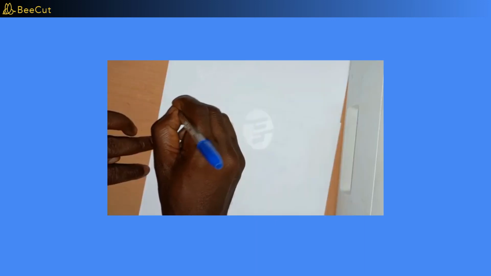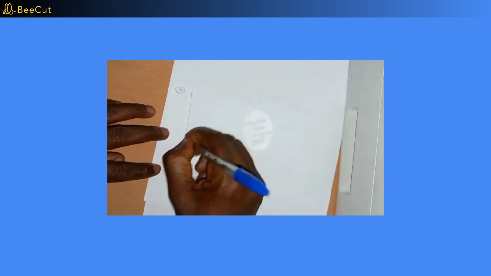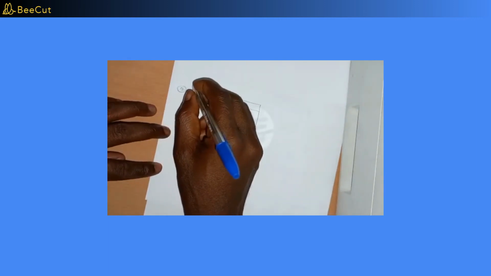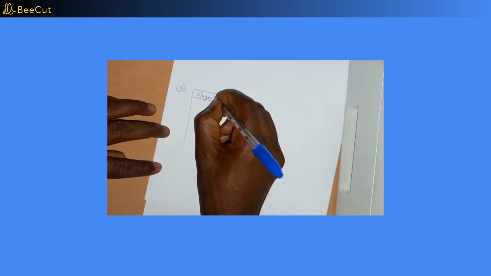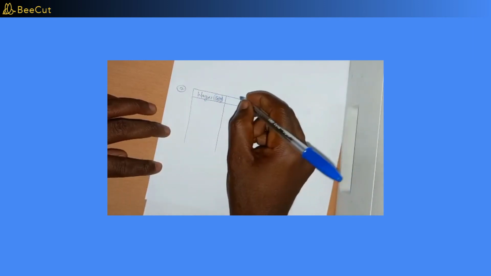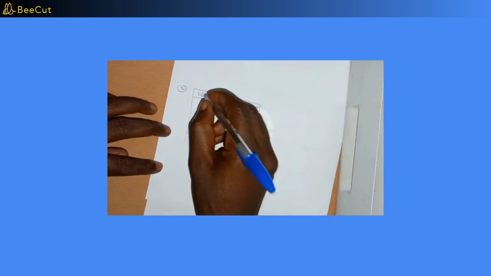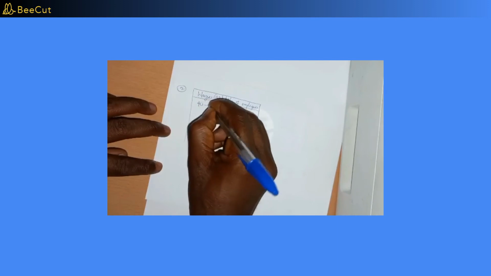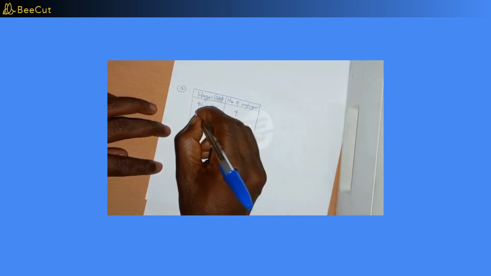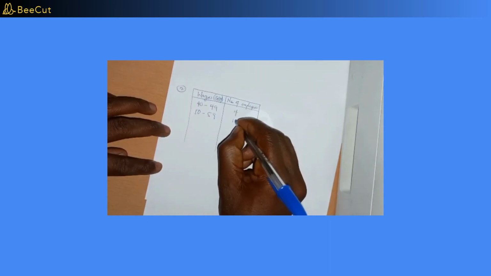This is example 2. Now, if we have a table in this form, we have wages in Ghana cedis and number of employees. We have 40 to 49, and that goes with 4. We have 50 to 59, and that goes with 12.